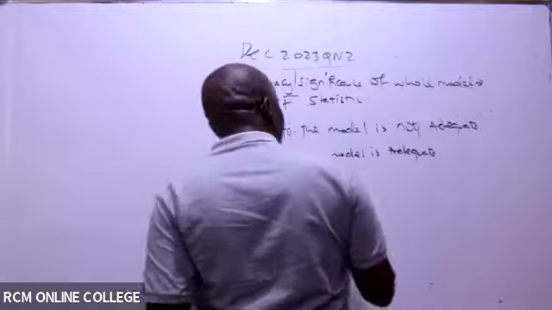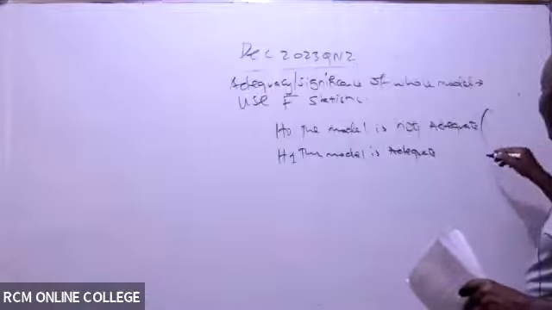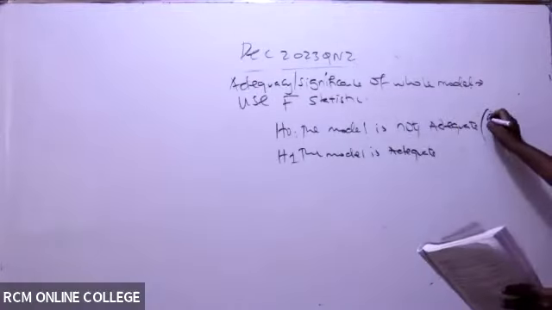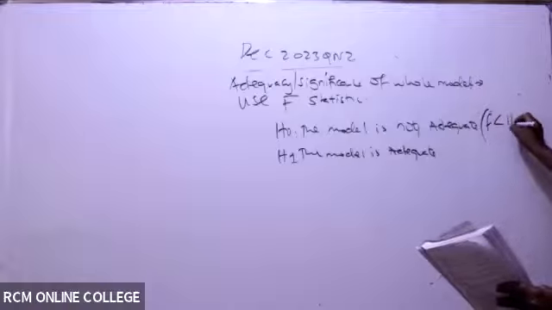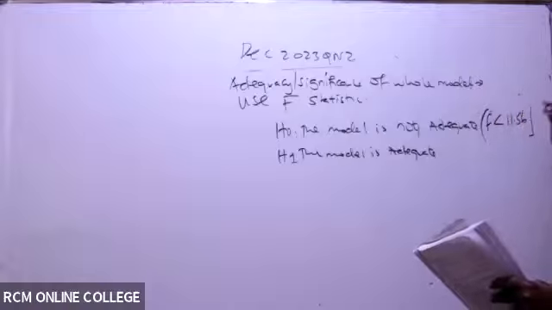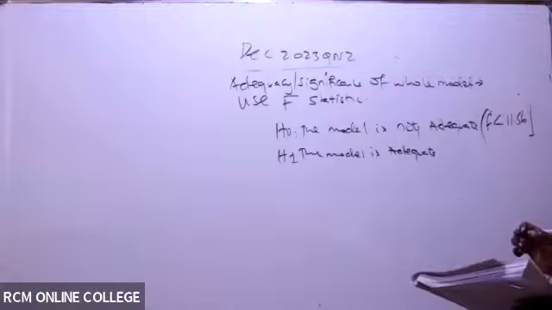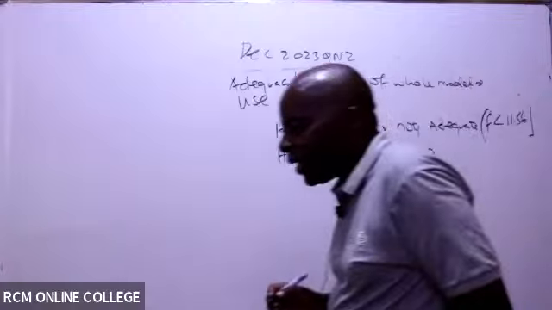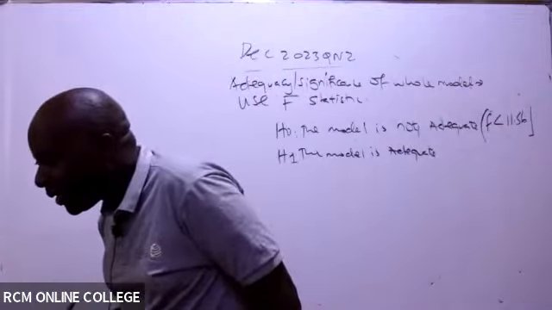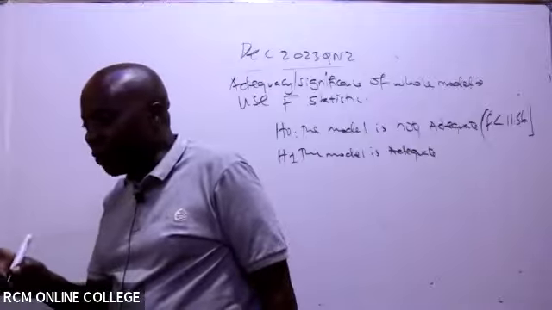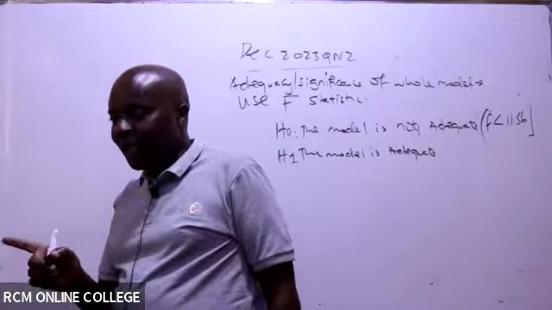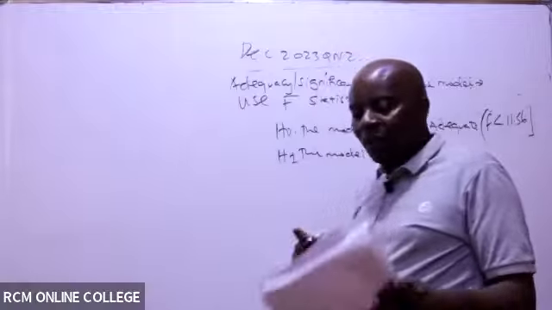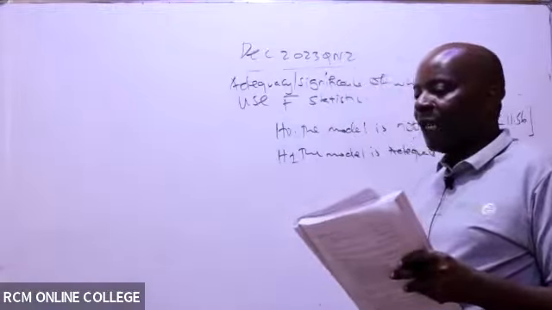So to demonstrate deep understanding, tell us that this model will not be adequate if F is less than the table value given there in the question. Jackie is trying to explain how F is gotten, which is very good. They have given us the F table value there, 11.56.